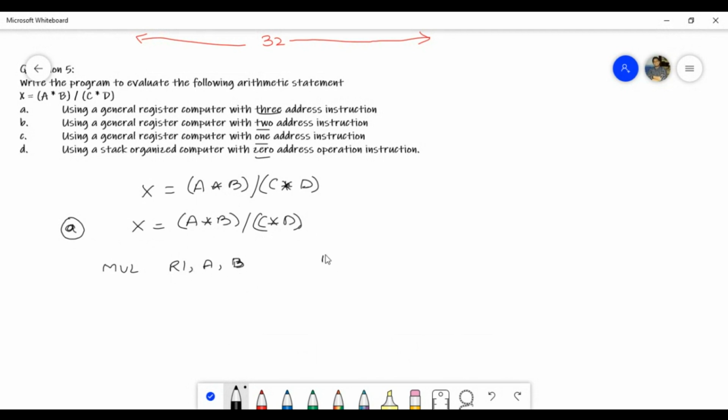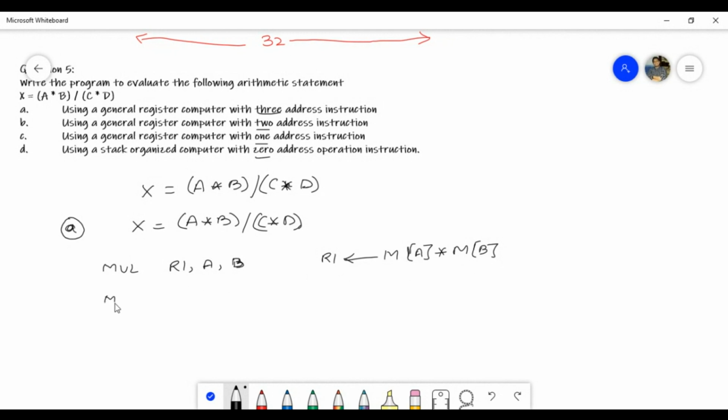So let me write here, r1 implies memory address at a cross b. That means I am multiplying a and b and storing the result in r1.